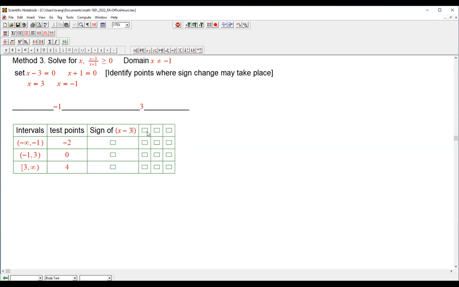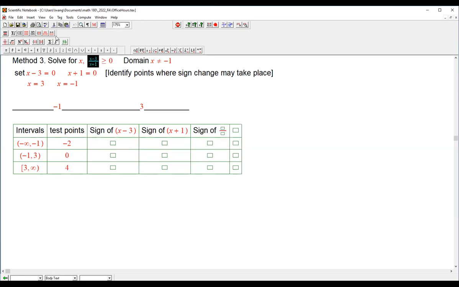The next one, of course, is going to be the sign of x plus 1. And then, of course, the sign of the quotient.